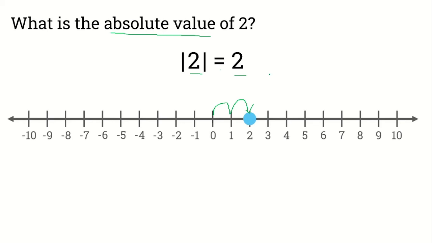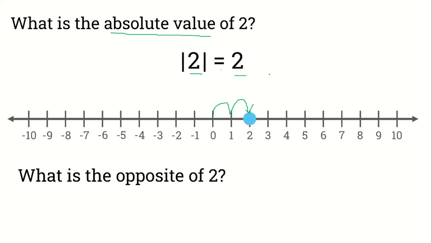How about the opposite of 2? Since 2 is to the right, we have to figure out the number which is 2 units away from 0 but going to the left. So that would be 1, 2. Therefore, the opposite of 2 is negative 2.